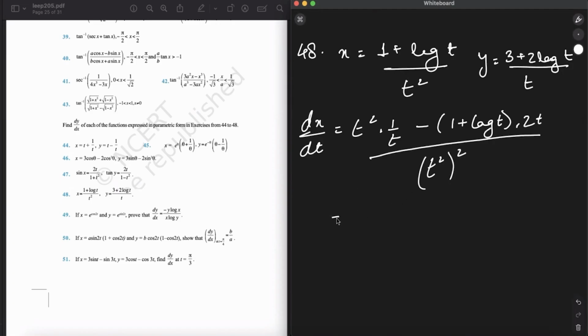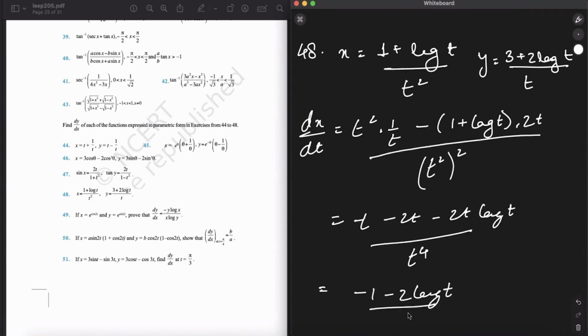So this, if I simplify it, I'll be left with t minus 2t minus 2t log t and t to the power 4. So minus 1 minus 2 log t divided by t cube. So this is your dx upon dt.